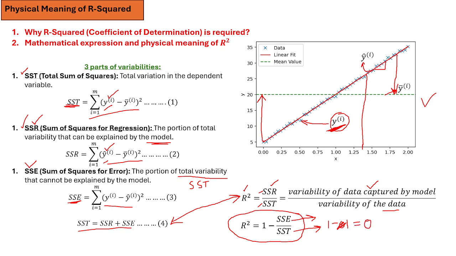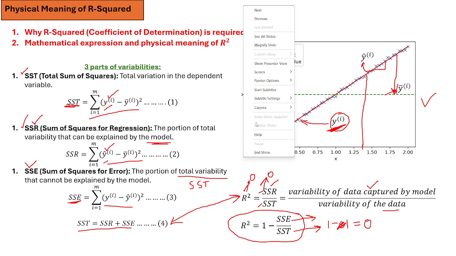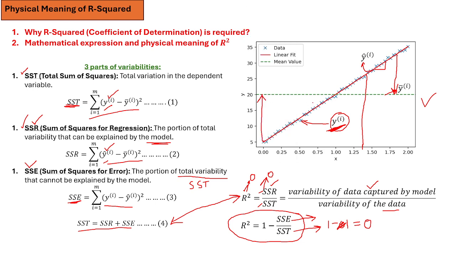Our regression line hasn't been able to represent the actual data at all. So R squared is going to be 0 as well.